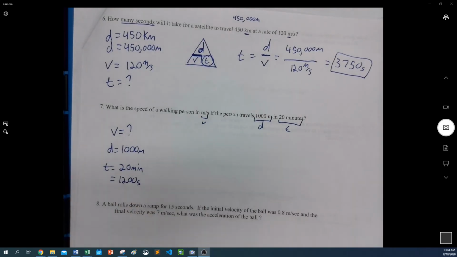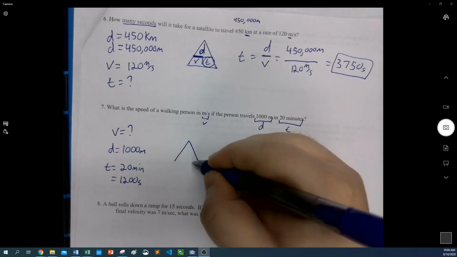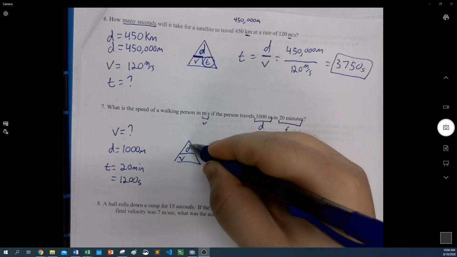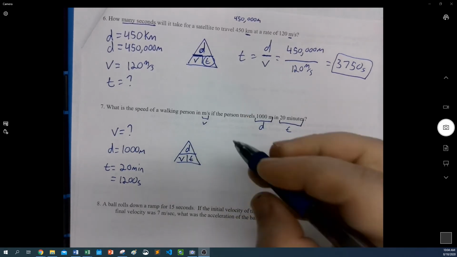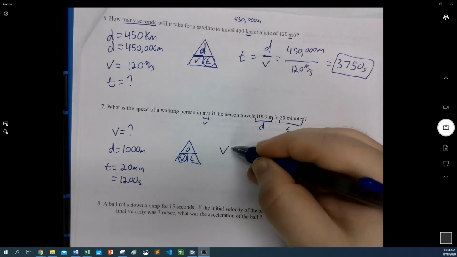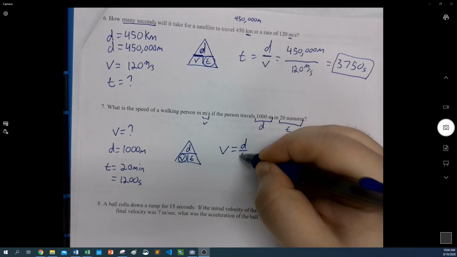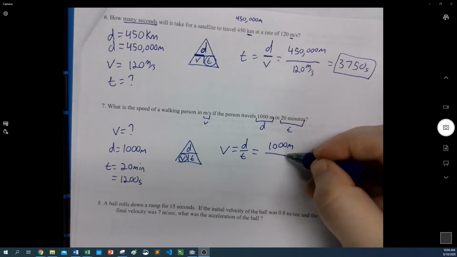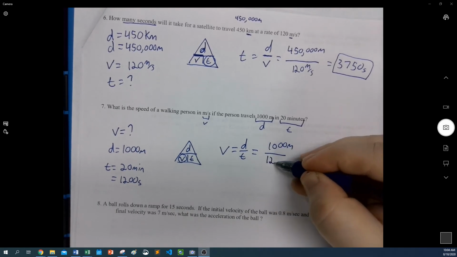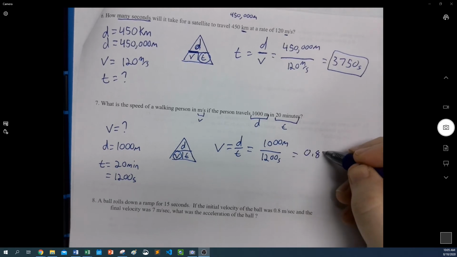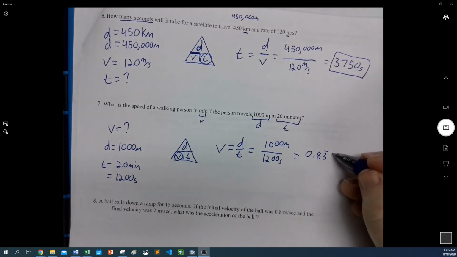So 1,200 seconds. So velocity, distance, time. We are solving for velocity or speed. So V is equal to distance divided by time. That would be 1,000 meters divided by 1,200 seconds, which is 0.83 repeating meters per second.